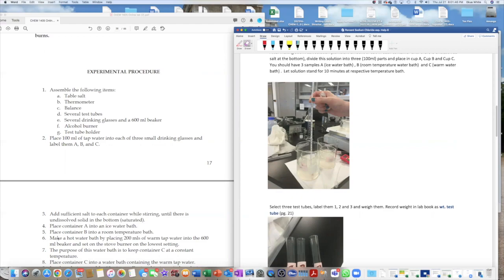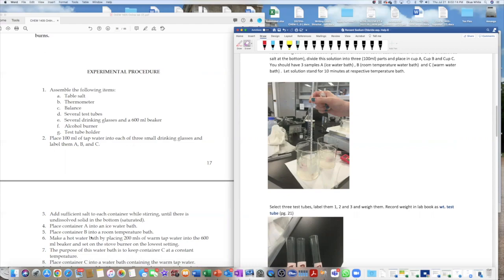Right. So it tells you here, make a hot water bath by placing about 200 milliliters of warm tap water into a 600 milliliter beaker. So this should come with your lab kit, right? And set it on the stove burner at the lowest setting. So you want to get some hot water. You're going to place it on the stove at the lowest setting.